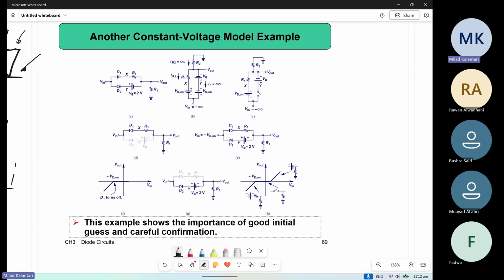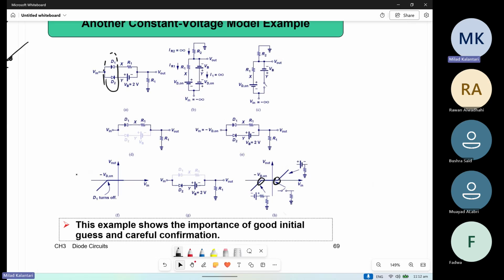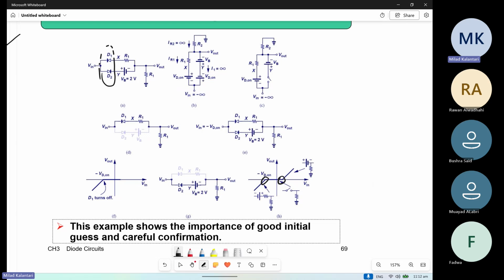Here is another example with two diodes, trying to find the Vin, Vout characteristic of this circuit. I may skip it because it is similar to the other one, but since it has two diodes, you expect two breaking points in your final curve. For solving these circuits, you start from a very negative input and see the situation.